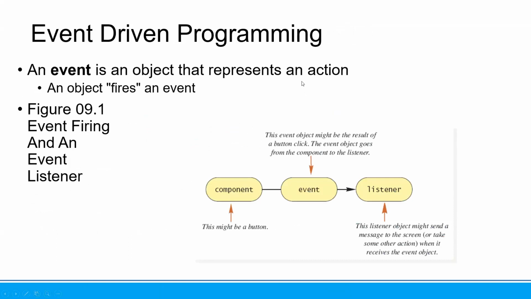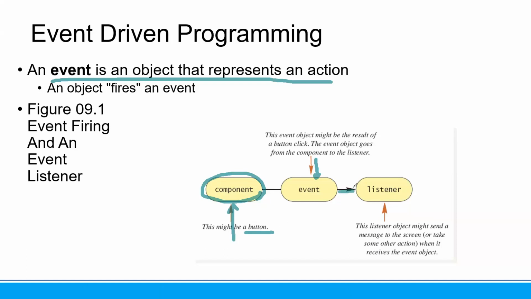An event is an object that represents an action. We will learn how we can define the event, and how we define the component. There is a component that we are making later in the WindowBuilder. After we have the component, maybe for example a button, there will be an event. An event means you can click the button, or move the button, or anything.